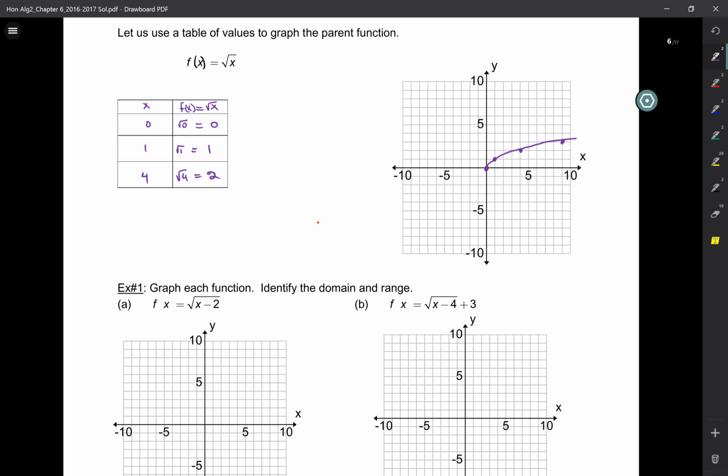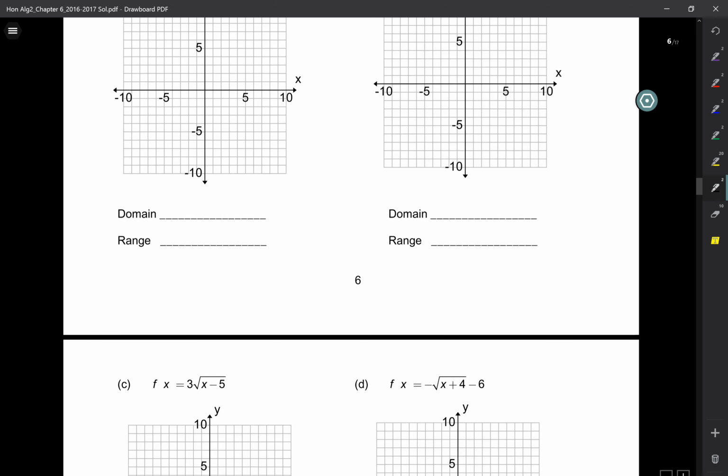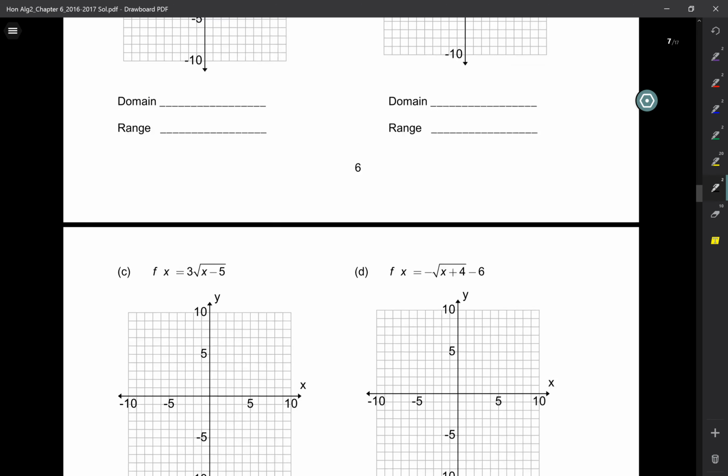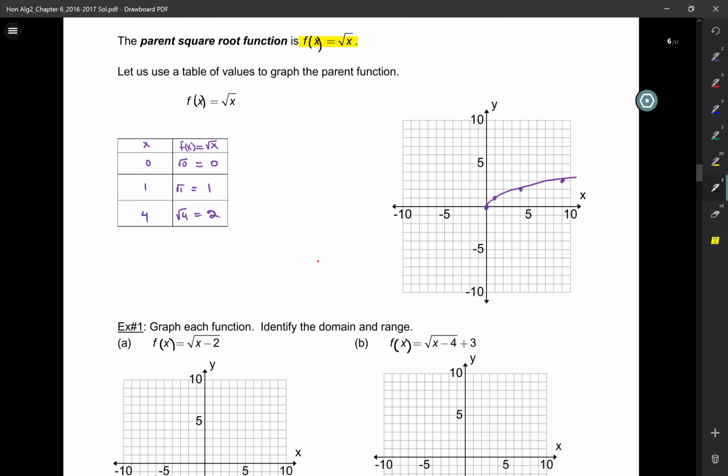All right. So, moving on here, let's graph a couple here. Let's just explore a little bit more. We can pick points always, or we could graph these like we would graph parabolas.